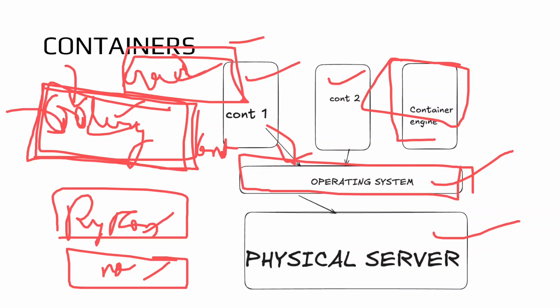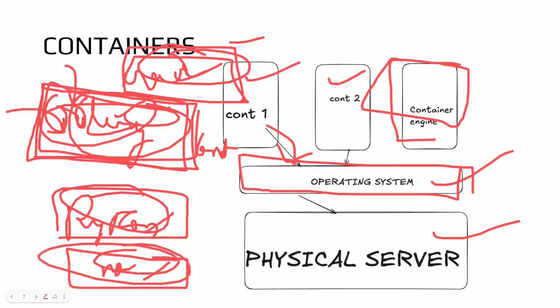You don't want a separate OS, but you want application level isolation. That is, this Golang shouldn't disturb this Golang, or this Python shouldn't disturb this Node.js, and so on. And in this use case, a container is a very useful tool.